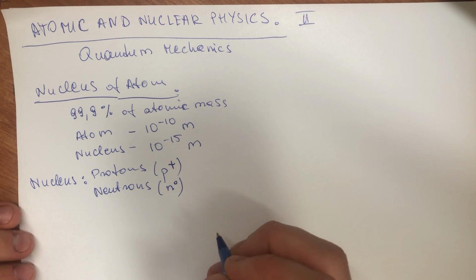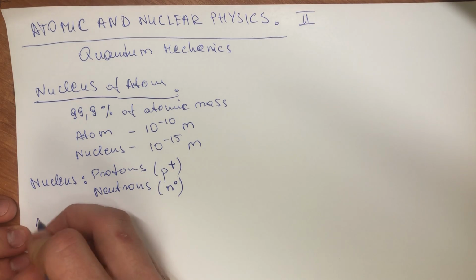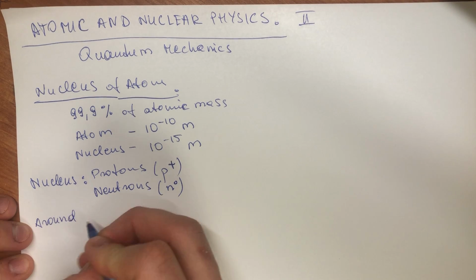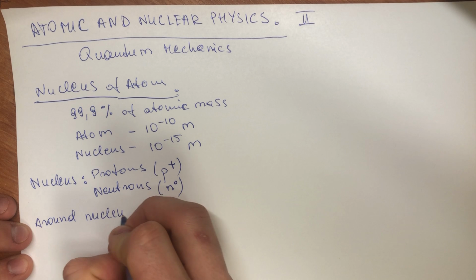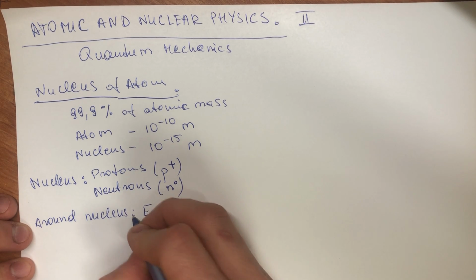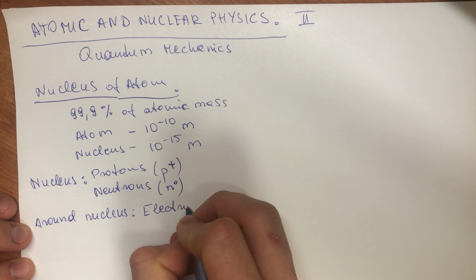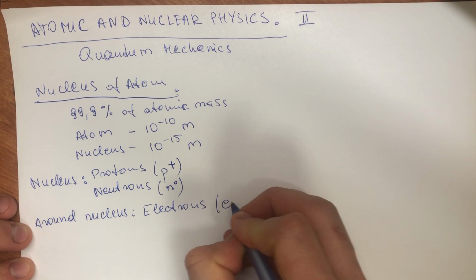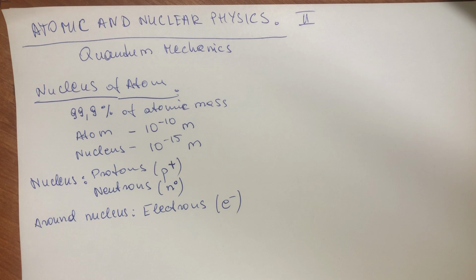And around the nucleus, we have electrons. The electron, as you know, is E-, because it has a negative charge.